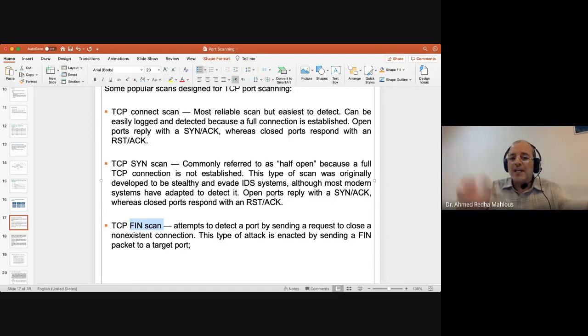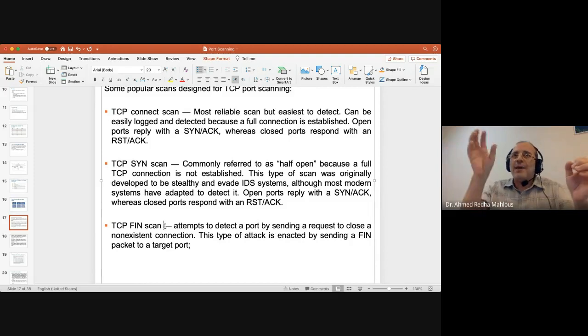Usually, as we mentioned, a FIN is used when you do have a communication between two devices and then you want to finish it. This is where you send a FIN packet. However, in the FIN scan there was no communication at all.